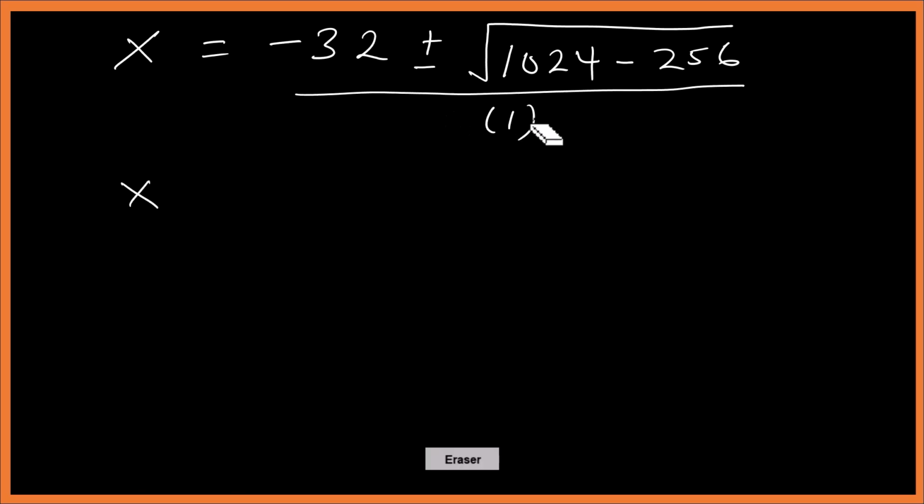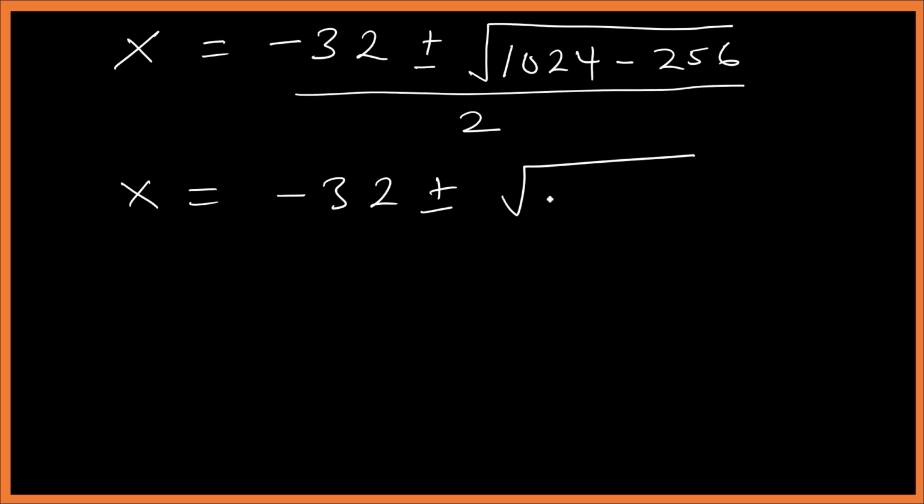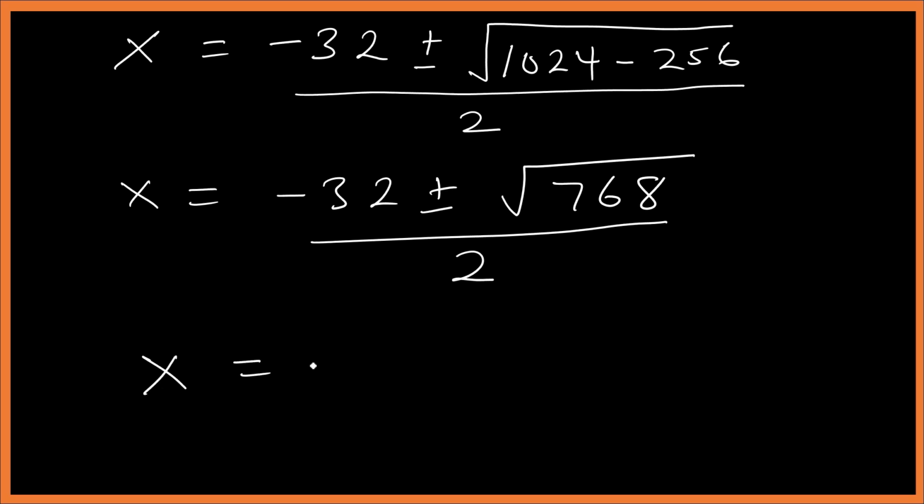So this side will be 2. So we have 32 plus or minus the square root of, now let's subtract, this side will be 768, on 2.